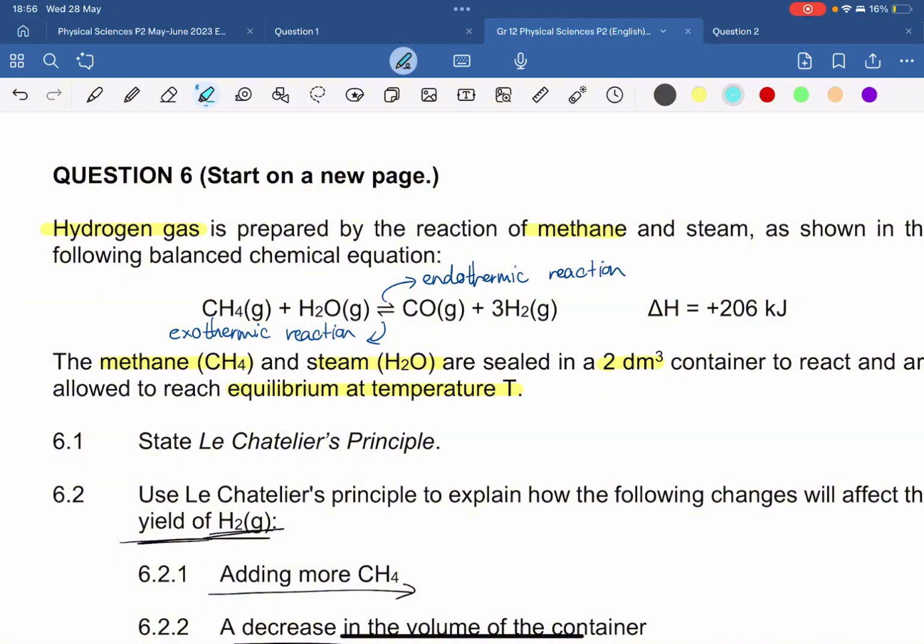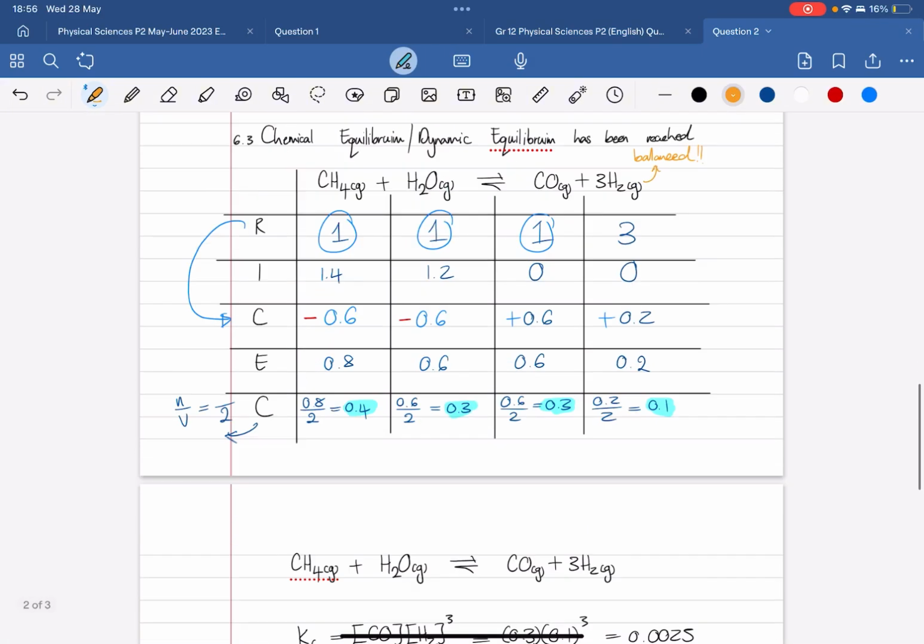All right, so the reverse reaction. So in the reverse reaction, what is happening? When the reaction is going to the left in this form, my products are decreasing. My products are being used up. So my carbon monoxide and hydrogen gas are being used up.